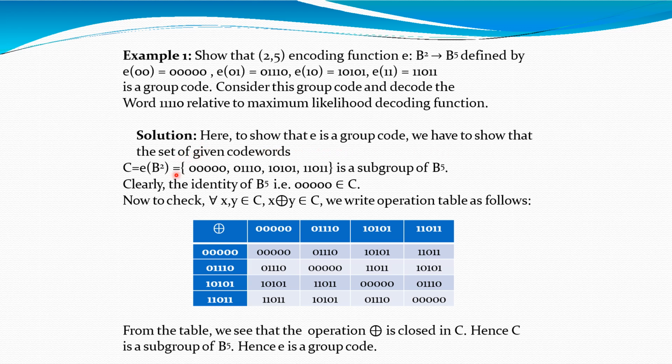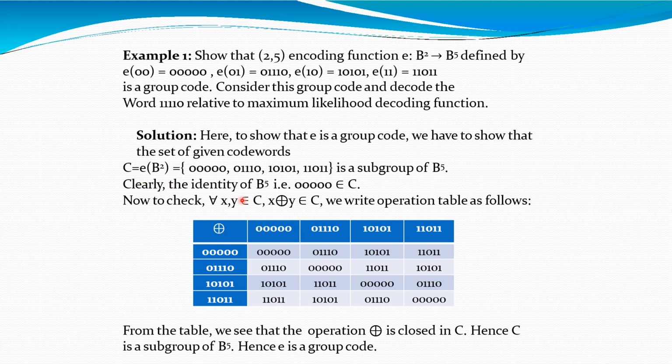That is, we have to show that the set of code words C equal to E(B2) is a subgroup of B5. Now to show that it is a subgroup of B5, we check for identity element and closure property. Now the identity element of B5 is 00000, which is a member of C as it is a code word.